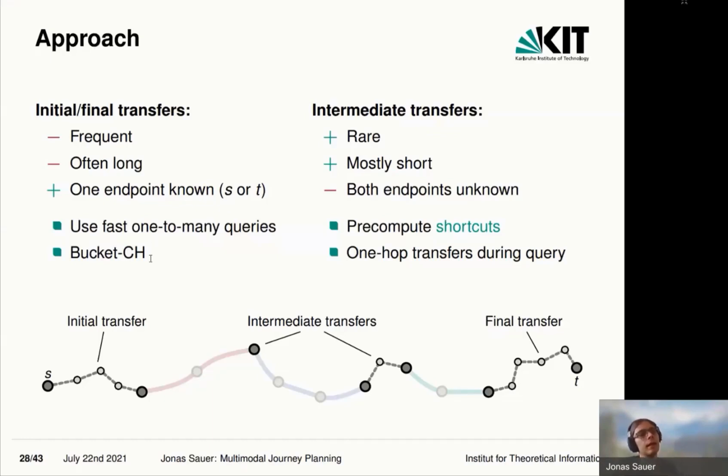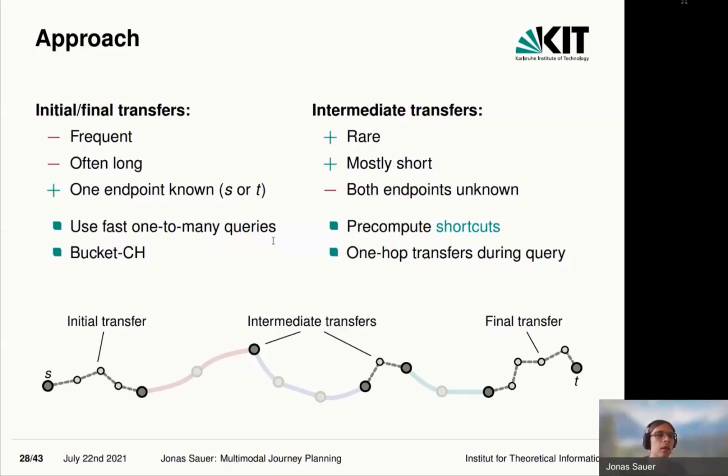That's an adaptation of contraction hierarchies for one-to-many searches. And we can use that here by performing a one-to-many search where the one fixed vertex is our source vertex and the many target vertices are all the stops in the network.